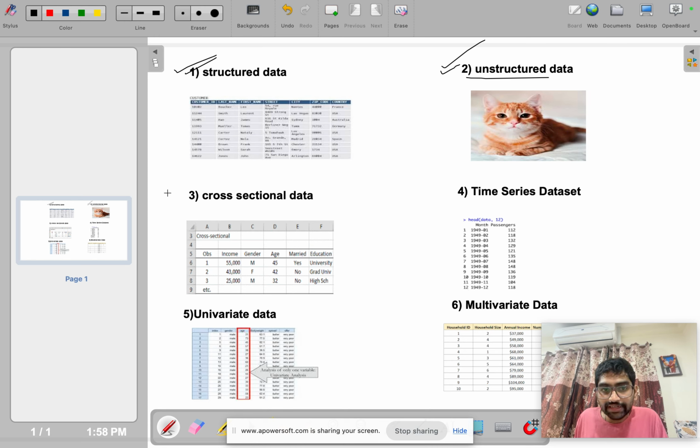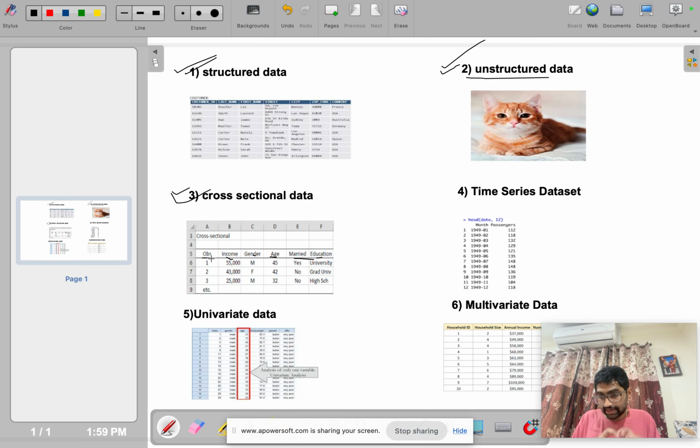The third type of data is cross-sectional data. So, what is cross-sectional data? How much data you can collect at one go is called cross-sectional data. Let's take the example of this particular data. In this data you can see OBS, income, gender, male, married, education. You collected these records at the same time.